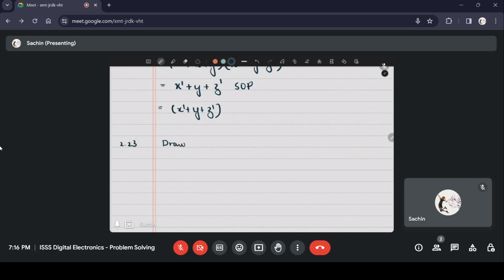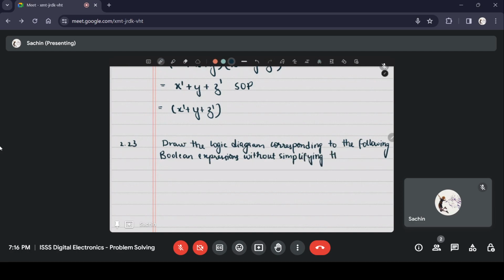Draw the logic diagram corresponding to the following Boolean expressions without simplifying them.